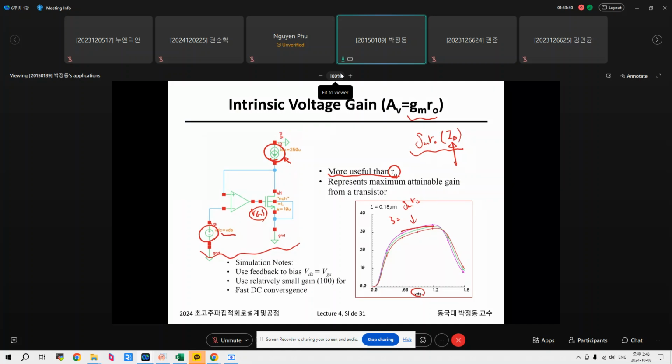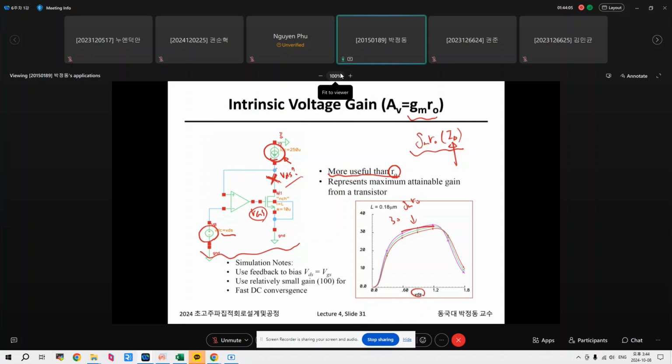Because this is an ideal current source, we don't know about this voltage. How can we define this VDS? That's the question, because this node voltage can be anything. So how can you resolve this?